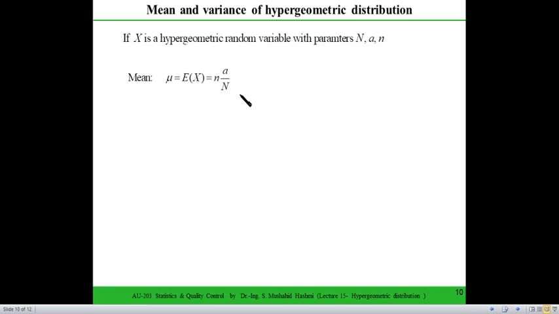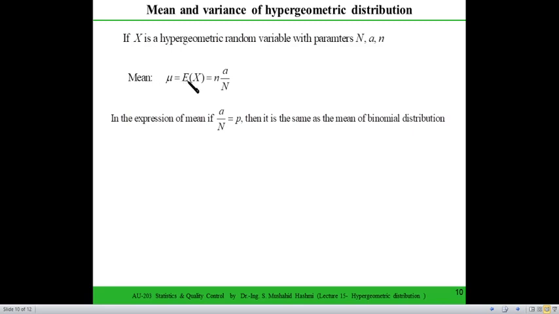This a over N is the same as p, so np is the expected value of the random variable, which you already proved in the previous lecture. And the variance is npq.